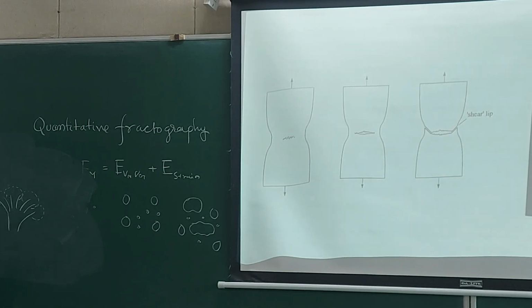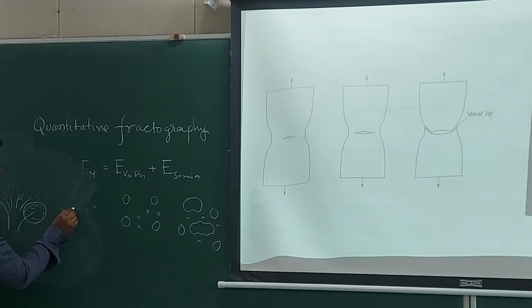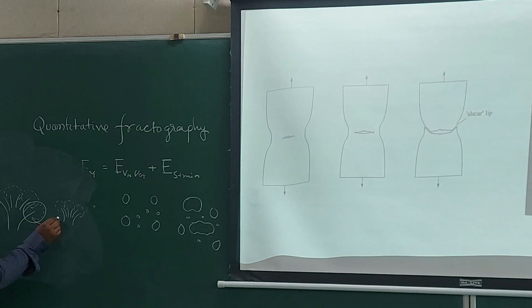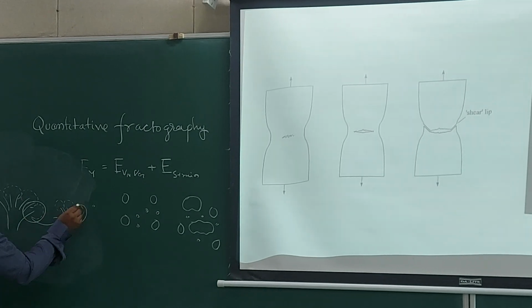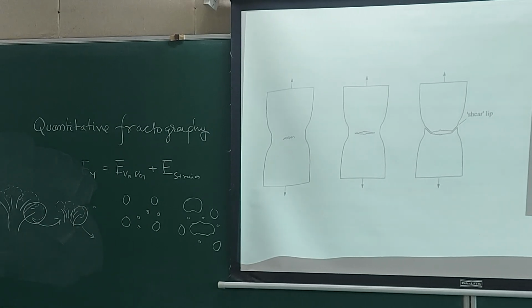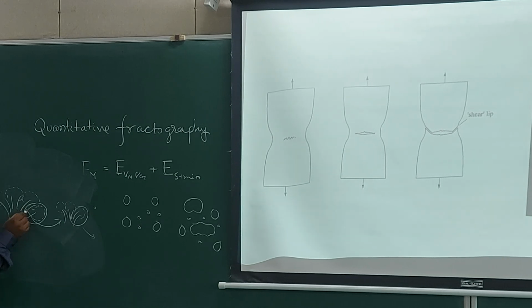This is how it looks, and then you take this piece out and you look at that. That will also look like that. A small piece looks like that. Then you take one piece and that also looks like that. But if you cut here, then that will not look like the whole thing.